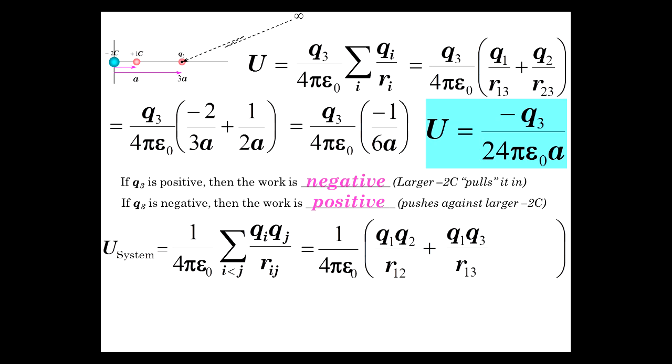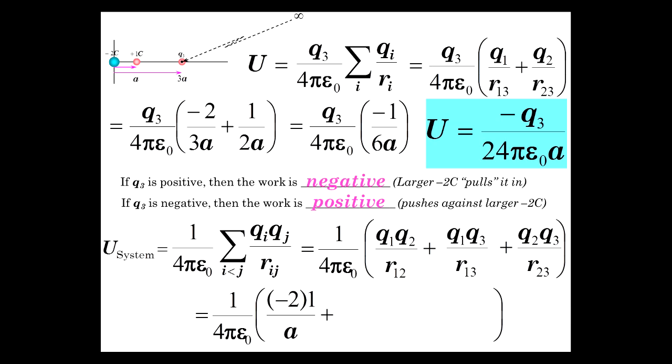We have Q1 Q3, these two with a separation of 3a. And then we have 2 and 3 separated by 2a. So let's put that in here specifically. We have minus 2 over a, plus minus 2 times Q3 over 3a, and plus 1 times Q3 over 2a. Let's continue to solve this.